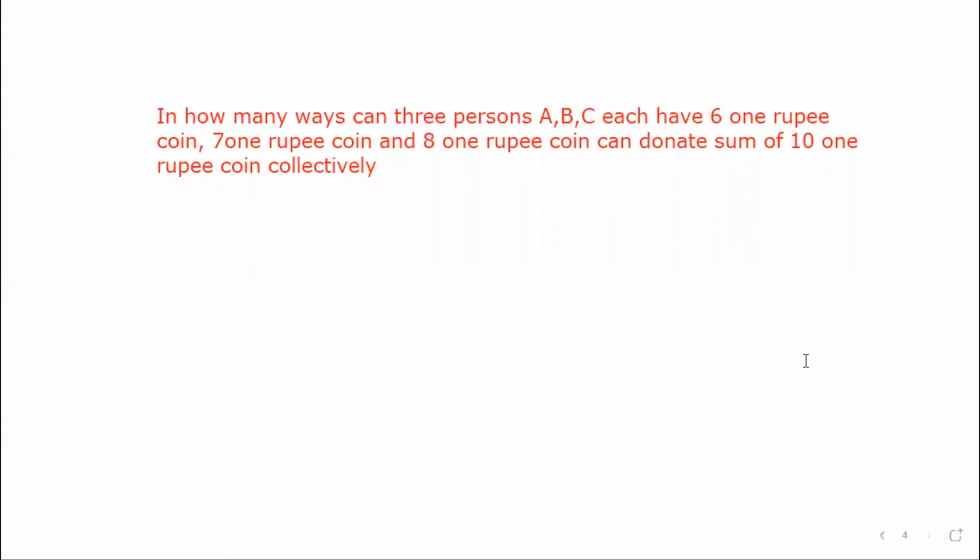Here is another example. In how many ways can 3 persons A, B, C, having 6 one rupee coins, 7 one rupee coins, 8 one rupee coins respectively, donate a sum of 10 one rupee coins collectively? So this problem can be solved by using the equation x1 plus x2 plus x3 is equal to 10.